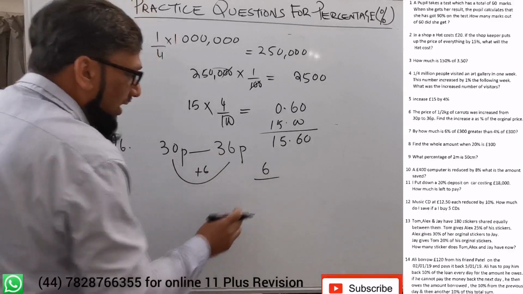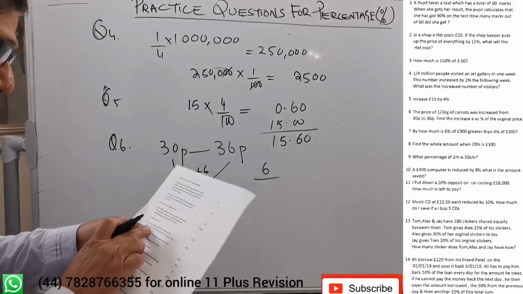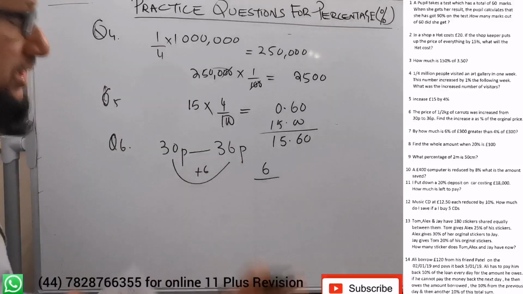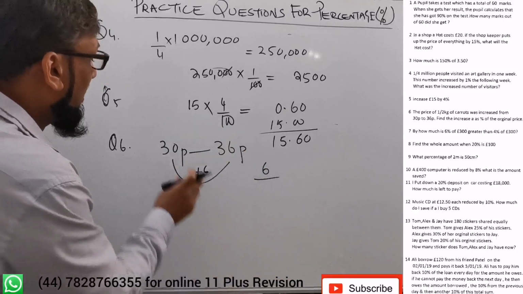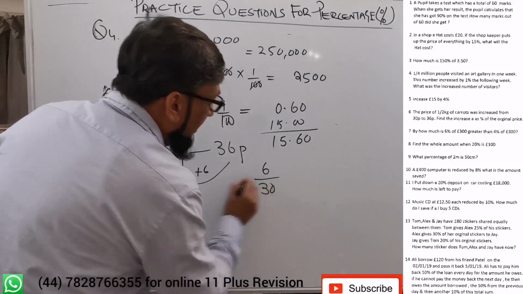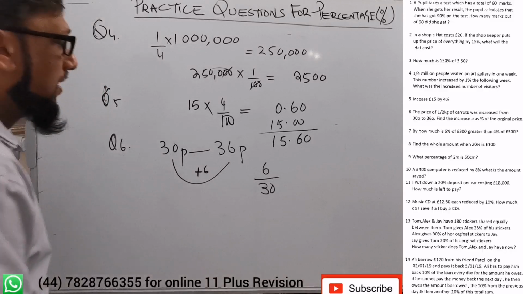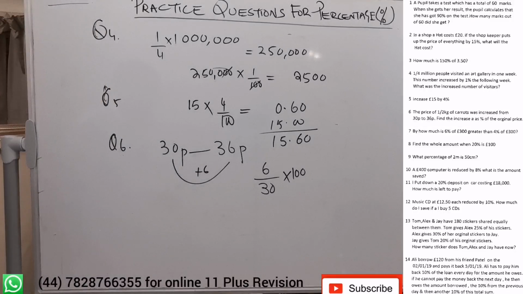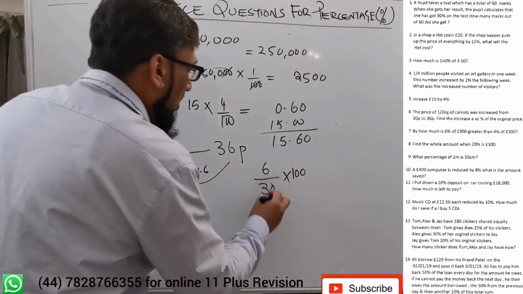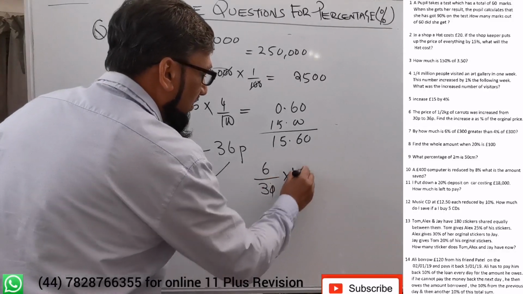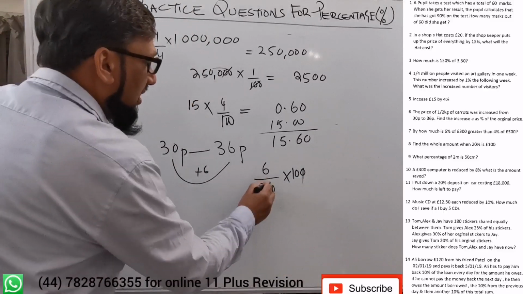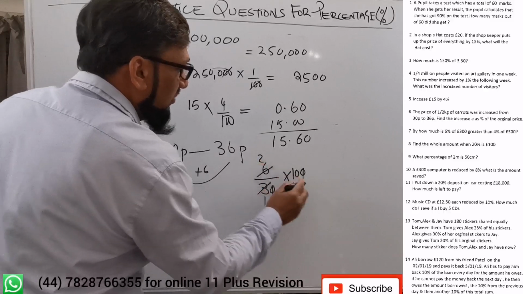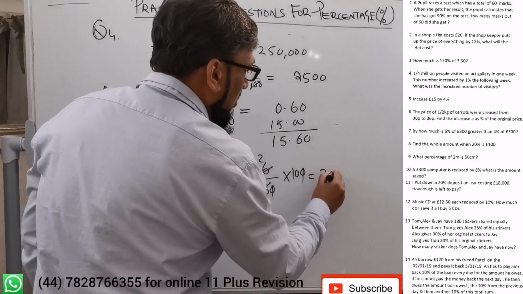So 6 divided by the original price, which was 30 pence, and then times 100. This 0 cancels with this 0. 3 times 1 is 3 and 3 times 2 is 6. So 10 times 2, which is 20%.